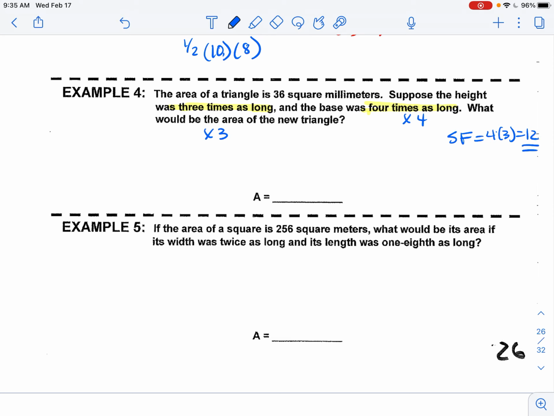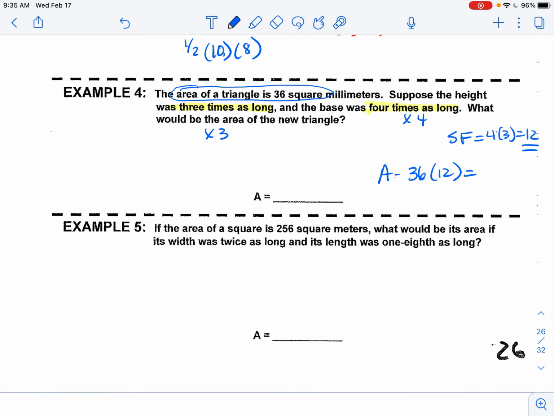What would the area of the new triangle be? Well, if we're given that the area of the triangle is 36, the new triangle would be 36 times the scale factor. So 36 times 12, and that gives me 432. And let's see, this is millimeters squared.